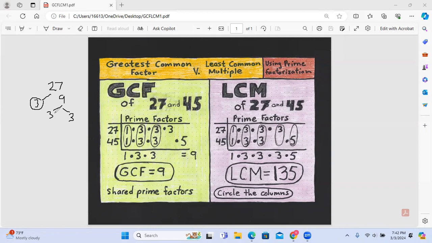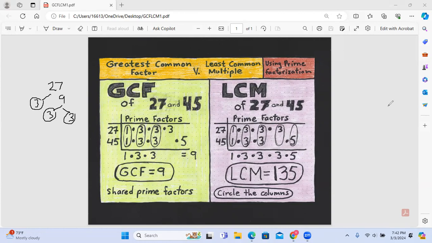So the prime factors of 27 are 3 times 3 times 3. And that's what we're going to put right here so we can get the greatest common factor of 27 and 45. The greatest common factor is the highest factor that they have in common that can be divided into both 27 and 45. We're going to find that out a little bit later. So we have 27 on this side, and of course, 1 times 3 times 3 times 3.